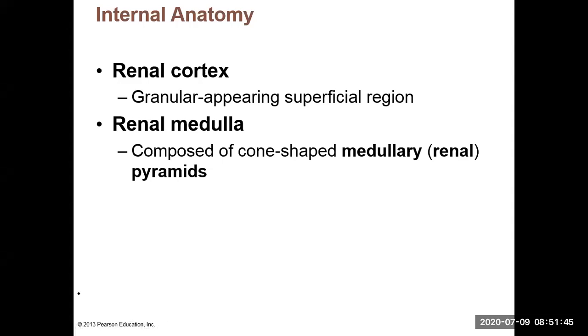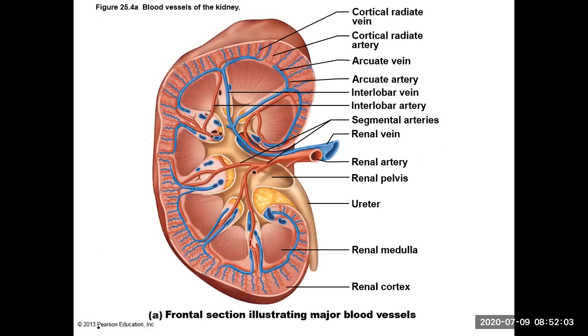Internal anatomy of the kidneys is important because we're going to be talking about these structures. So renal cortex is towards the superficial region, and the renal medulla is a deeper region. Again, medullary pyramids, if you recall, is what we discussed. So here is the renal cortex.